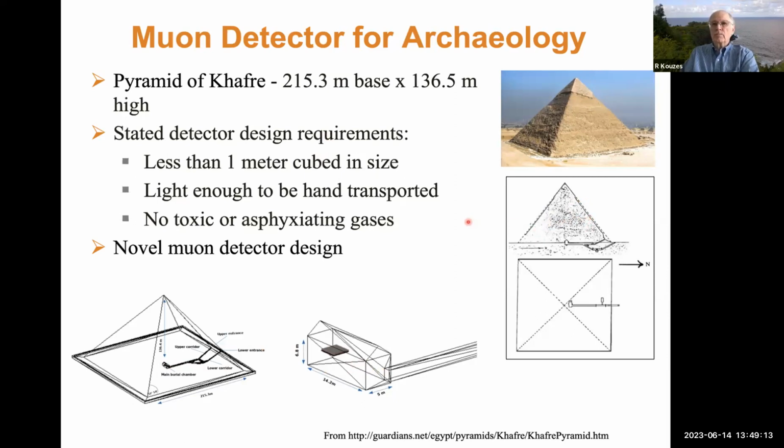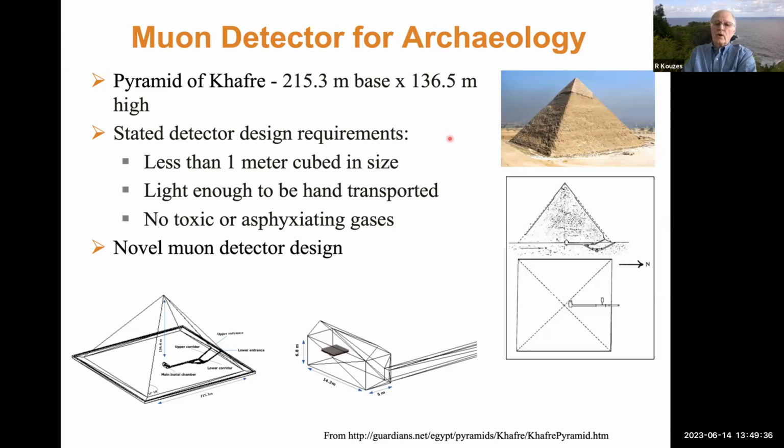And this will be a many-month measurement because the rate of muons is very low, and particularly since it takes about 50 GeV muons to penetrate through the pyramid. So you're only looking at muons above about 50 GeV. Muons of lower energy, where the bulk of the spectrum is, cannot penetrate this far.